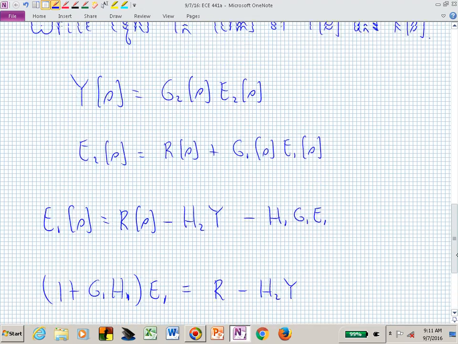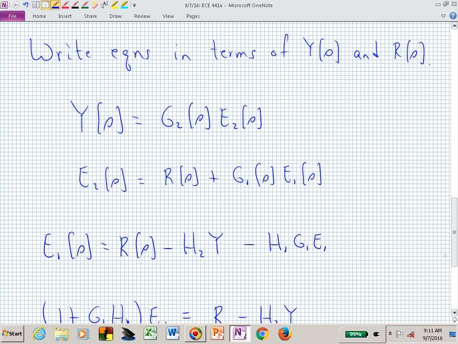I'm trying to get an equation for the output Y in terms of R. I have Y in terms of E2.